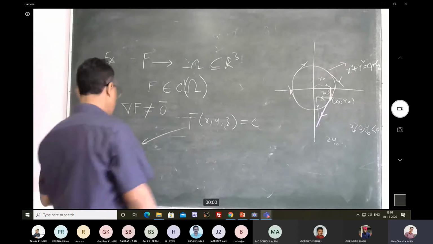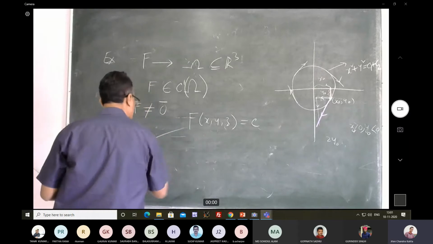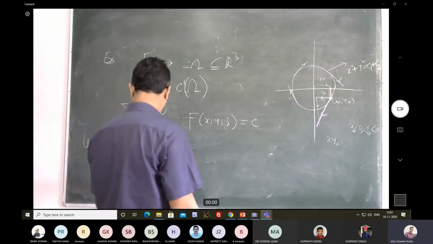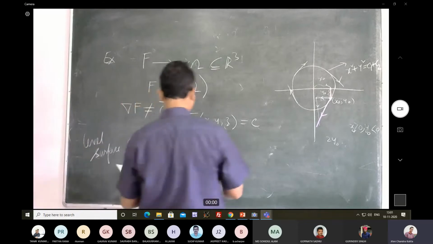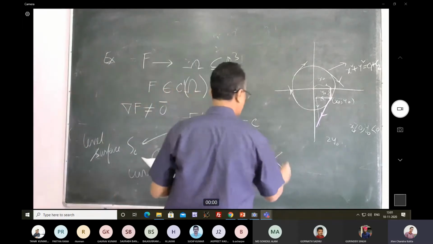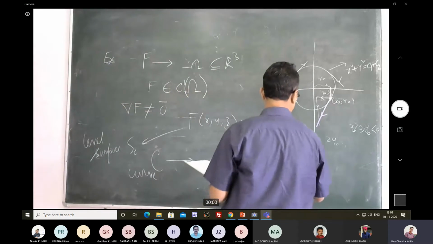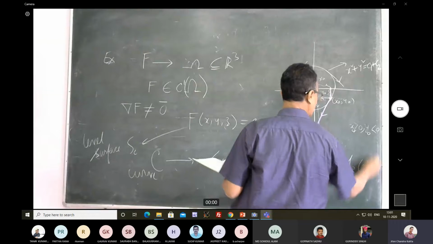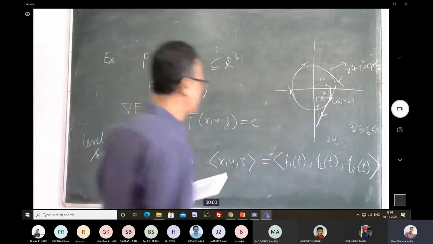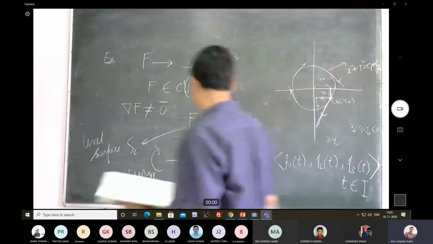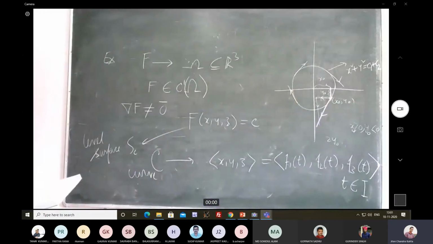Okay, and again you have another curve C. This is curve C. It is given by this vectorial notation, f1(t), f2(t), and f3(t), and of course t belongs to some interval I in the real line.